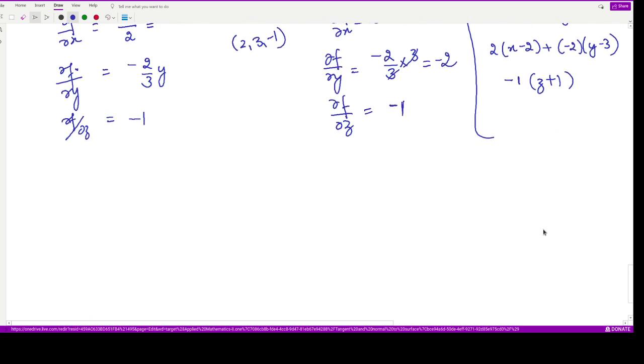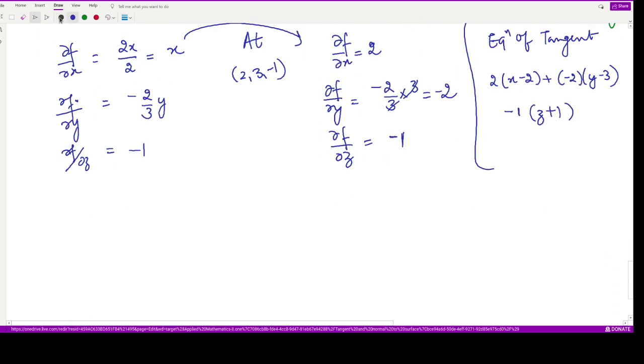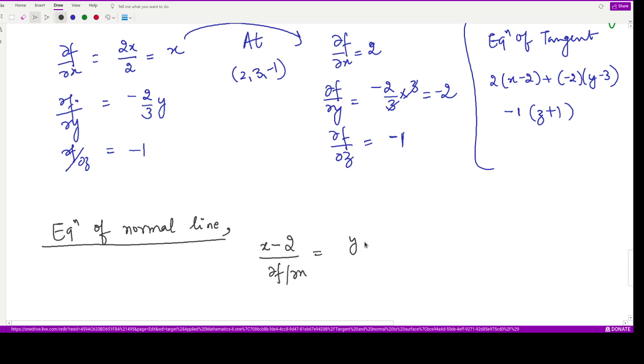And because we have calculated the equation of tangent plane, we can now calculate the equation of normal line. So the equation for normal line is given by the expression x minus capital X, that is the value of the x coordinate of the given point, divided by del f by del x, is equal to y minus 3 divided by del f by del y, and this is equal to z plus 1 divided by del f by del z.